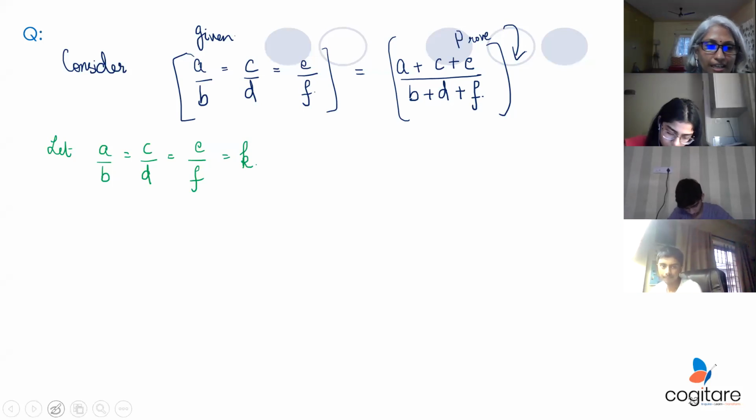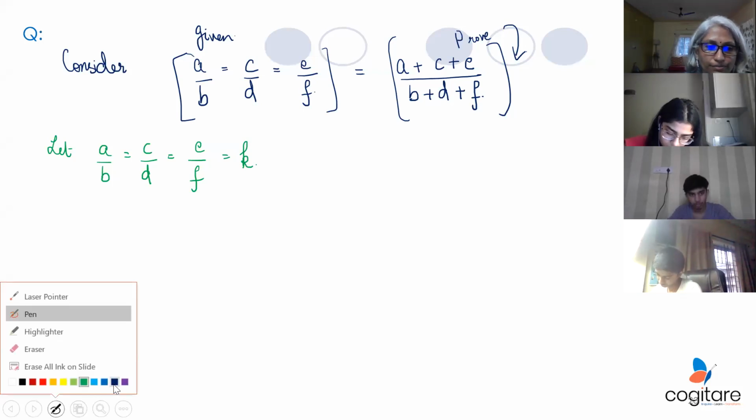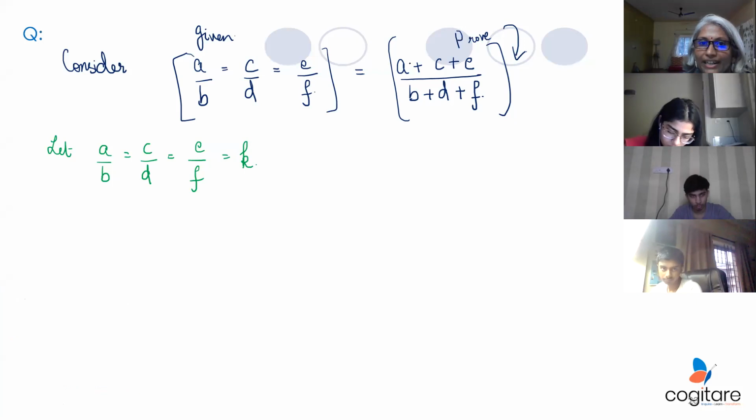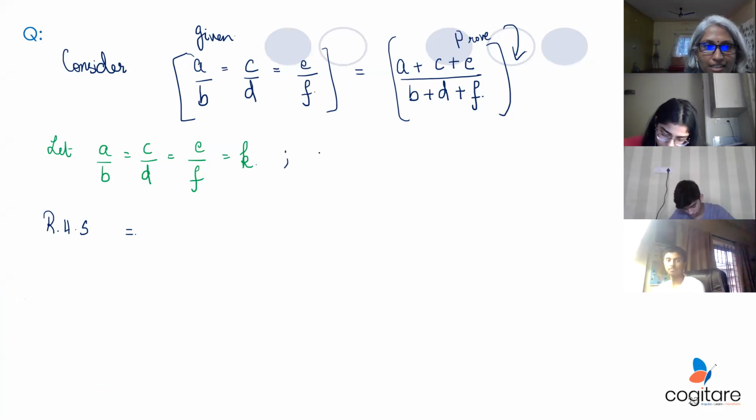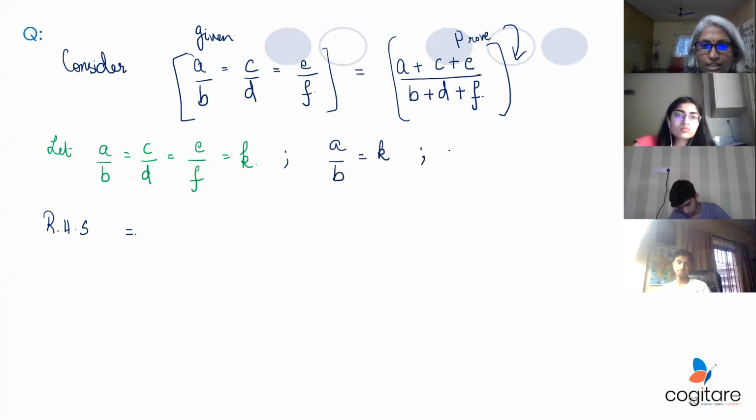Okay, so once you say each ratio is K, people, look at RHS. In the numerator, you have A plus C plus E, correct? So if I take these individual ratios, if A by B is K, what is A? It is BK.